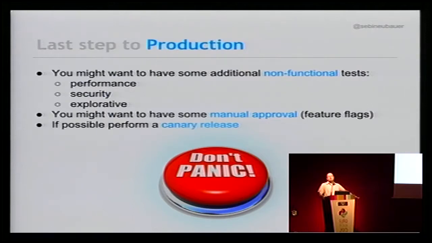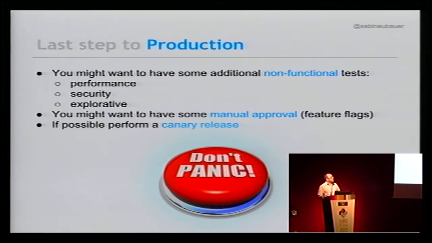Security and maybe explorative testing, which might only be feasible with manual tests. If you have an experienced tester who really tries to screw up your thing, you have to wait until the tester has time to test it. That would be a blocking thing until the tester has the time to do these manual checks.